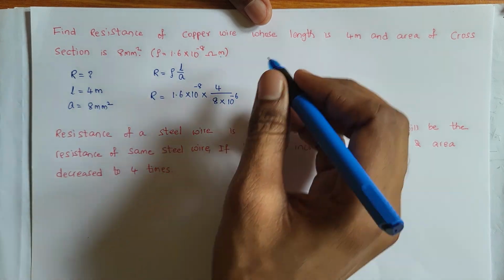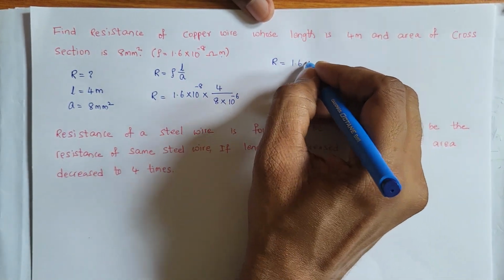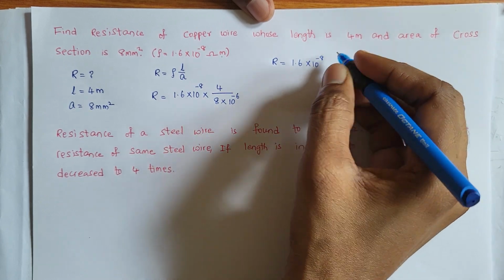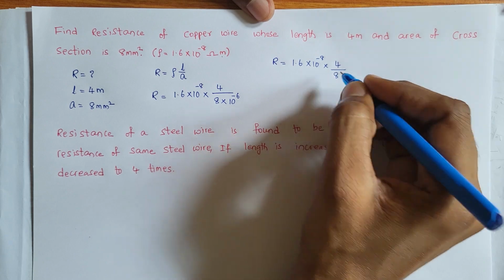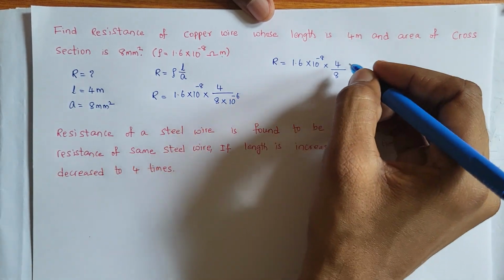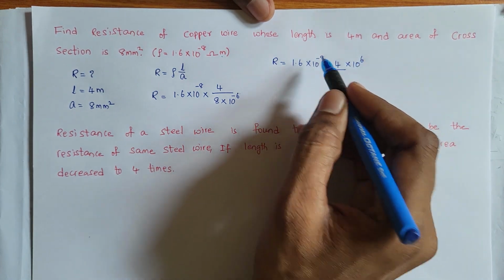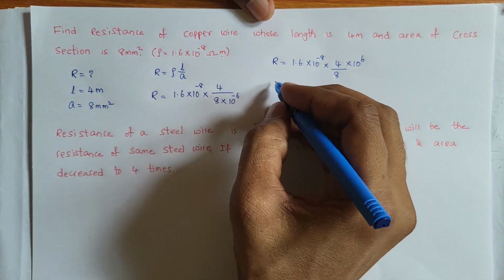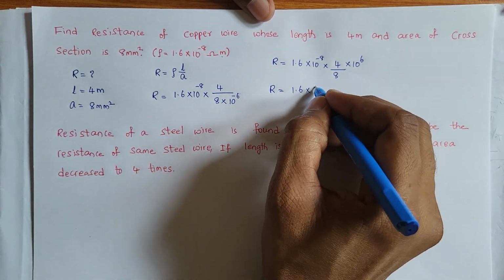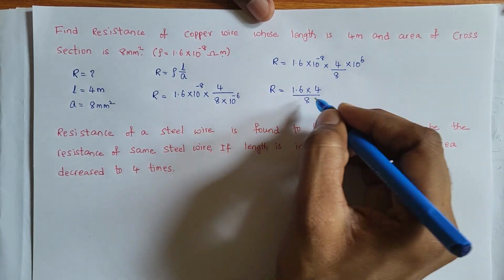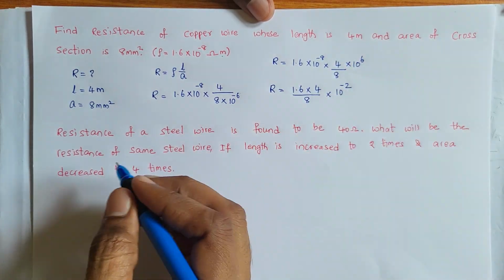So R is equal to 1.6 into 10 to the power of minus 8 into 4 divided by 8. 10 power minus 6 is there. If it comes up, it will be 10 power plus 6. Correct? 6 minus 8 is minus 2. So R is equal to 1.6 into 4 divided by 8 into 10 power minus 2.